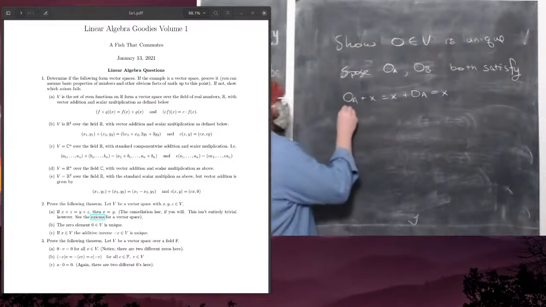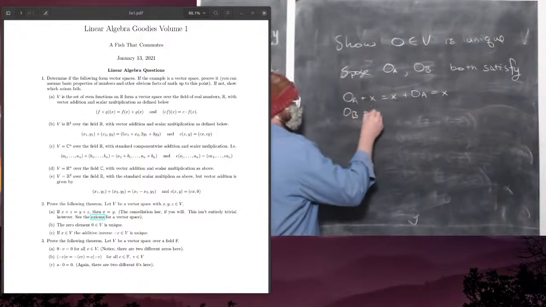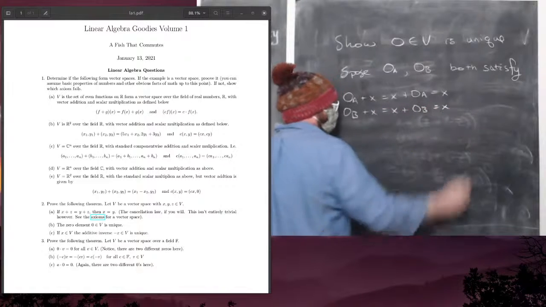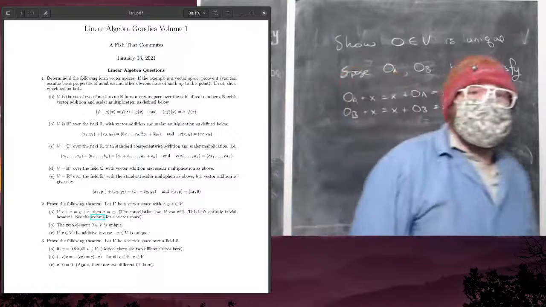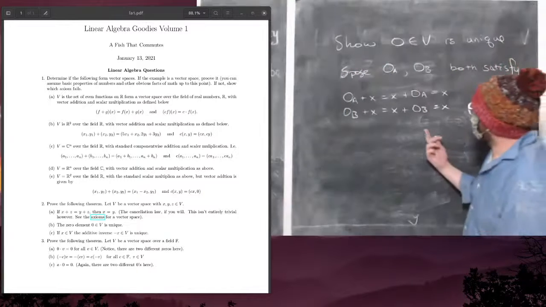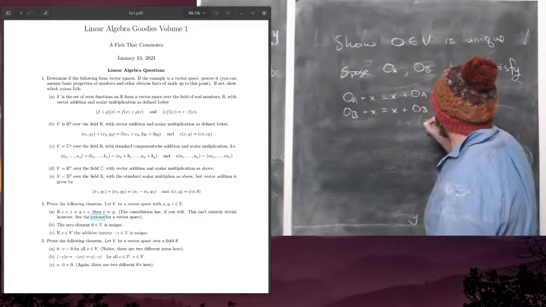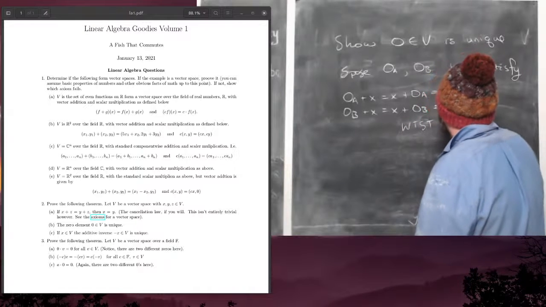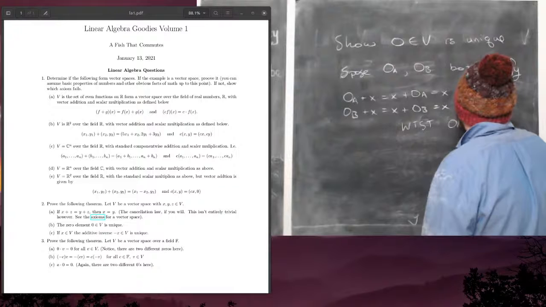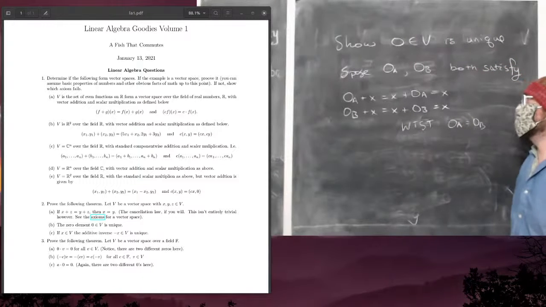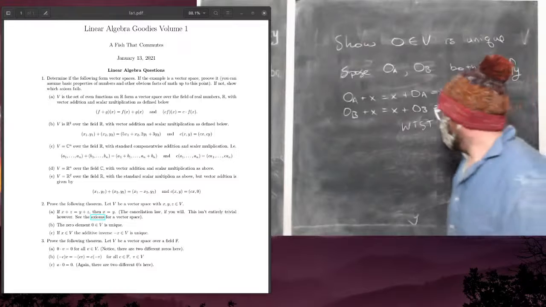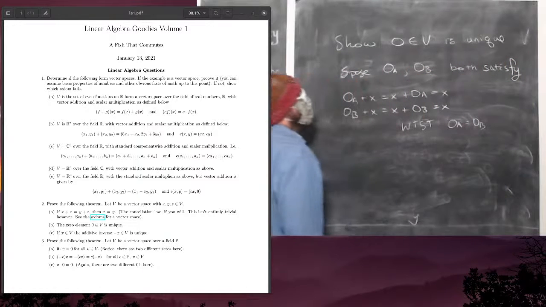Right, they're both identity elements. So what we want to do is show that they're the same. So we want to show that 0a equals 0b. And that way, anytime you have a 0, you know it's the only one there could ever be.